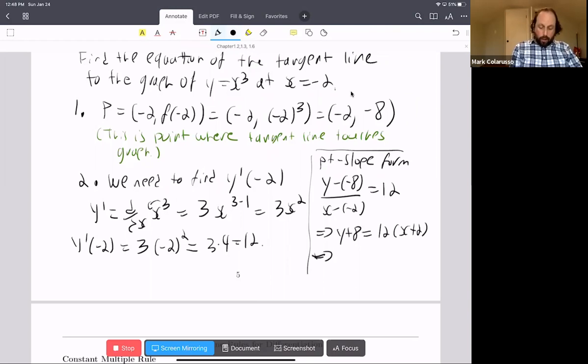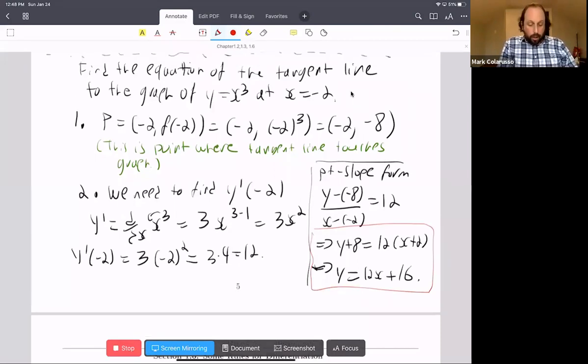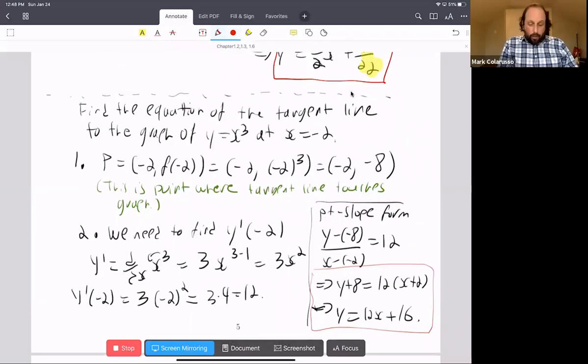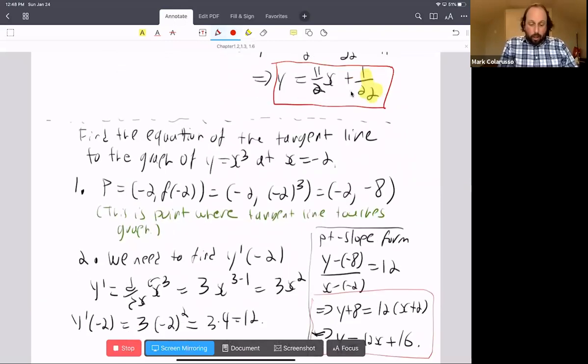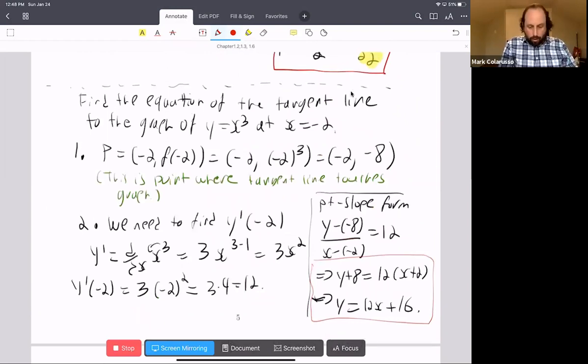You can simplify that to get 12x plus 16. If you want, you can go through this calculation and verify that last little bit. But this is very, very straightforward, except that you deal with negative numbers, but it's not so bad.